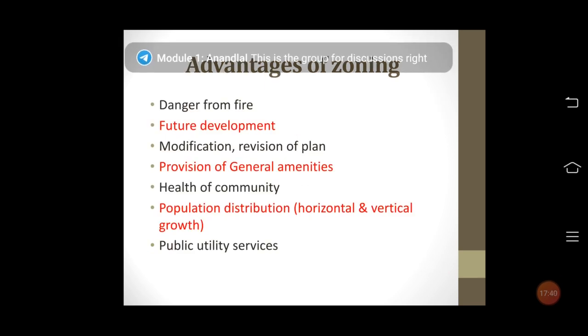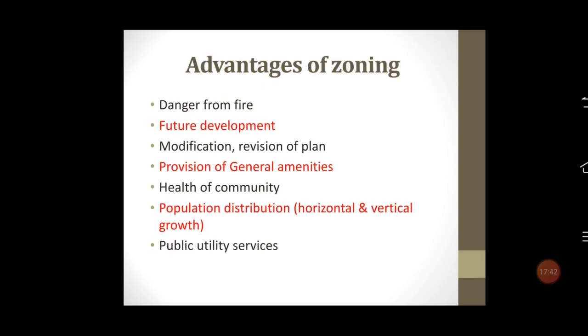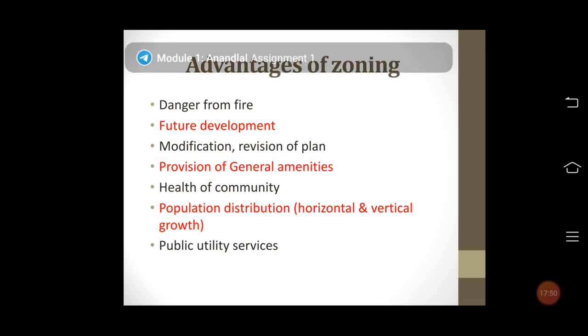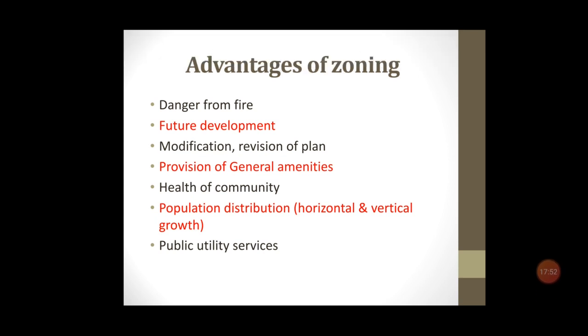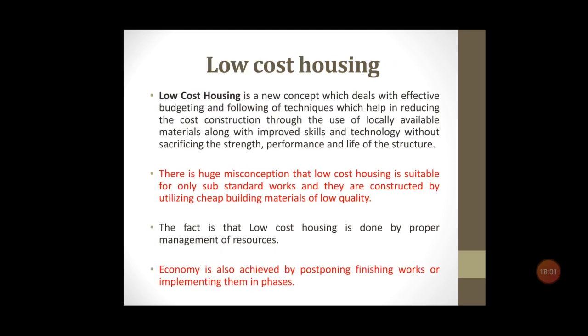What are the various advantages of zoning? The various advantages are danger from fire, future development, modification, revision of plan, provision of general amenities, health of community, population distribution, horizontal and vertical growth, and public utility services. These are the various advantages of zoning.